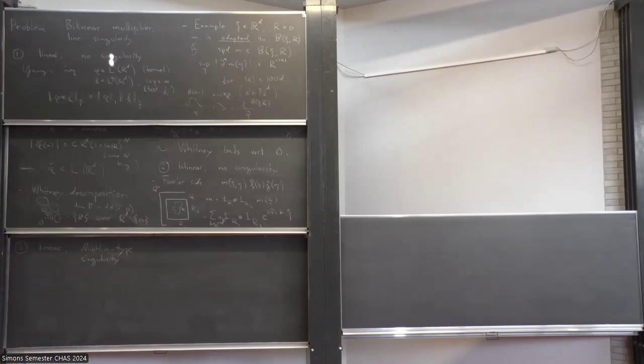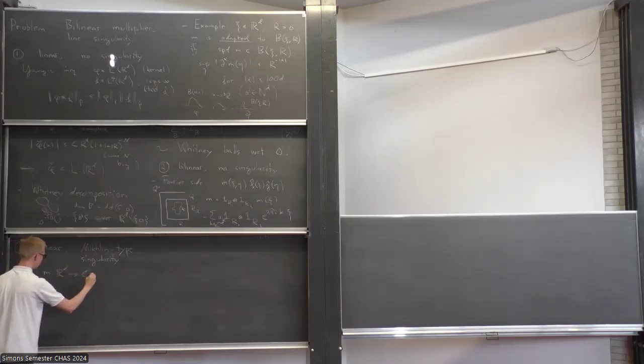Okay, here I need not say much because I think this is the thing everybody knows. So what is the Mikhlin type singularity? What we always mean is that we take a simple function from R^d to, say, complex numbers.